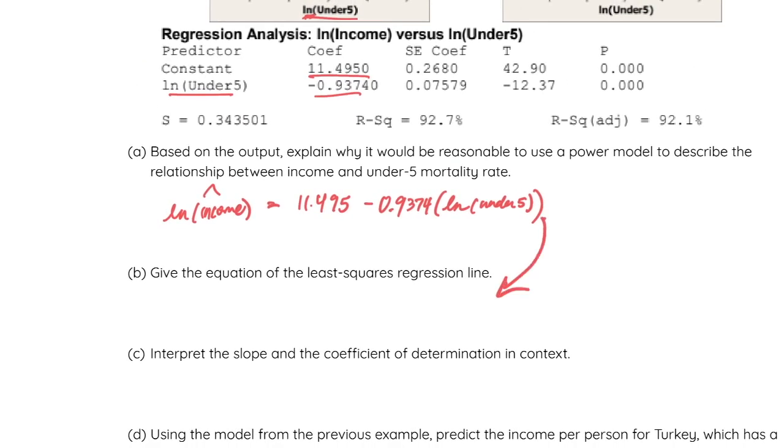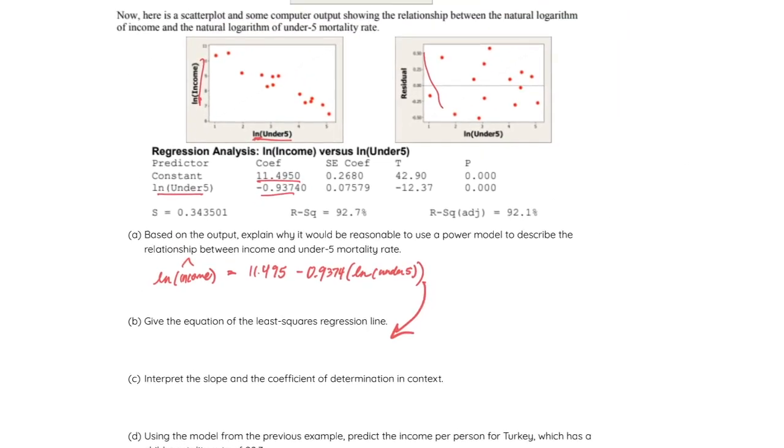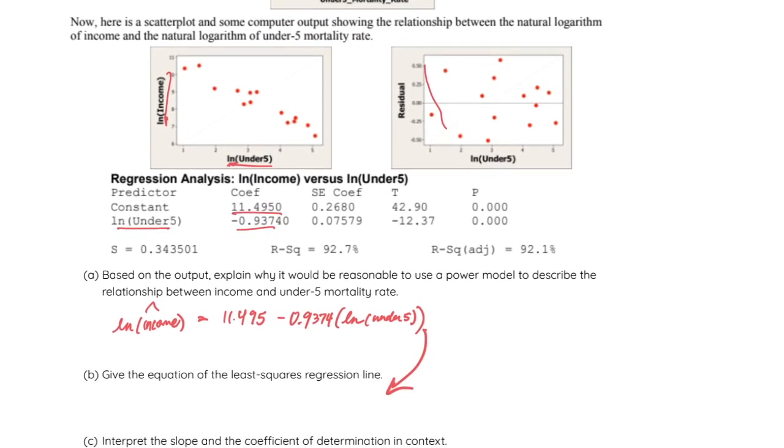I wrote this in the wrong answer. Give the least squares regression line. There's our least squares regression line. Part A asked, why did they use a power model? Well, they used a power model because they went from x comma y, and then they started using natural log of x and natural log of y. So that's how we know they used a power model.